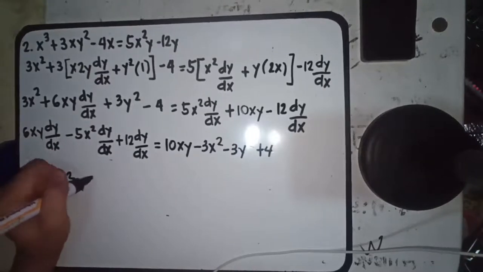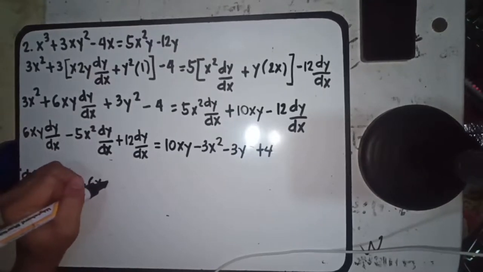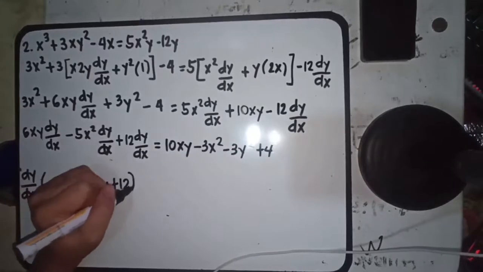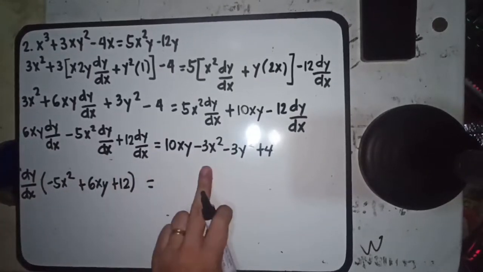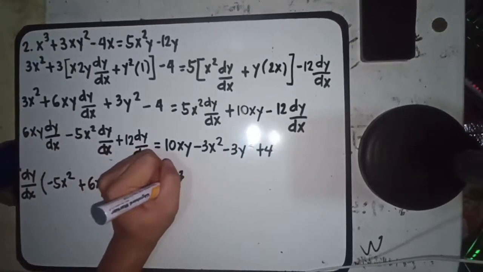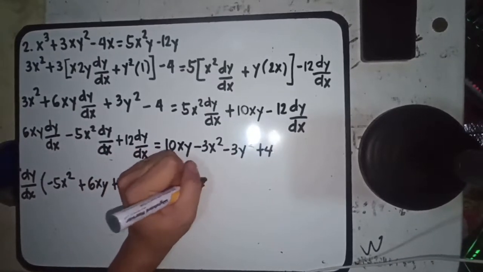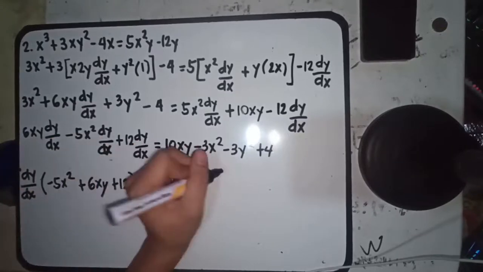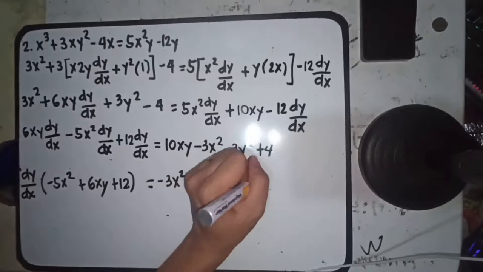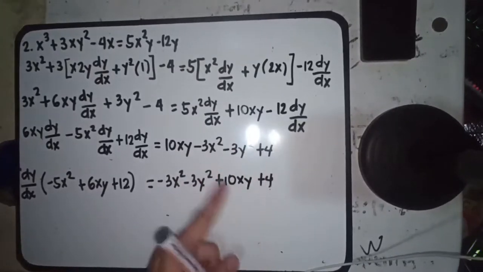So, plus 6xy. And then, we have plus 12. Here, we arrange this first. We have minus 3x squared minus 3y squared. We have plus 10xy and plus 4. We just rearranged.